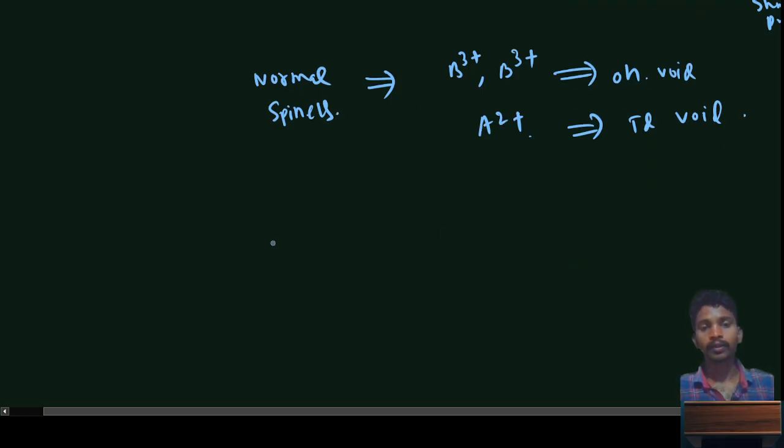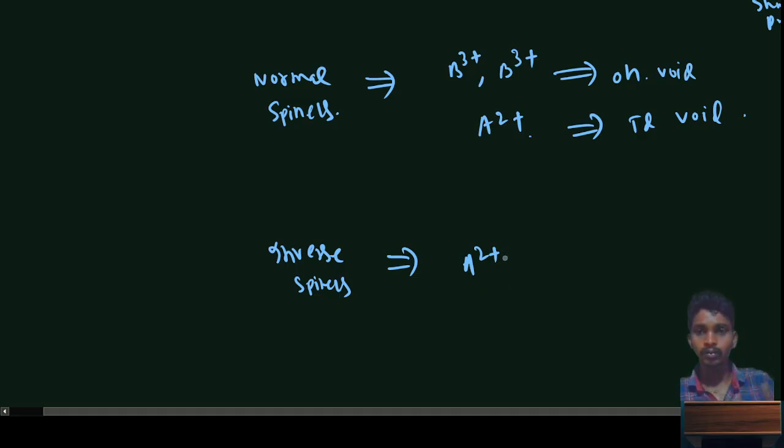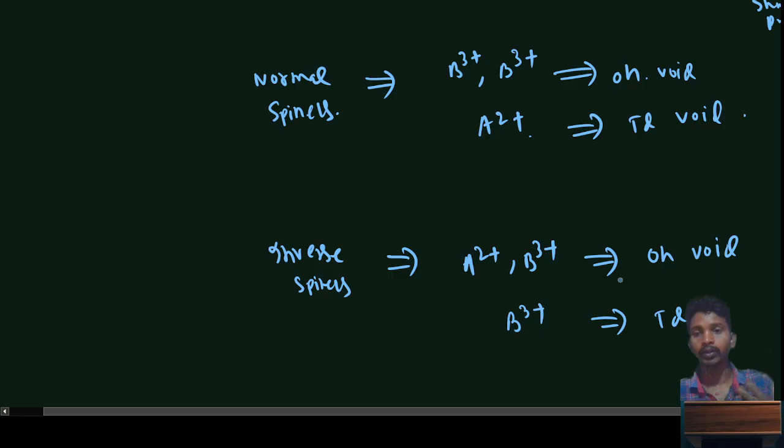Now the other case, the inverse spinel. What happens is that the A2+ goes to the octahedral voids. Only 1 dication is there, which goes to the octahedral voids, but it needs 2, so another will be a trication. If these go to the octahedral voids, then of the total 3, the remaining B3+ will go to the tetrahedral voids, because it occupies only 1.